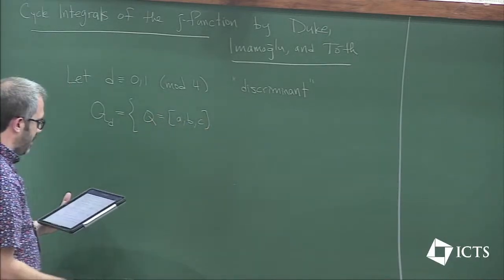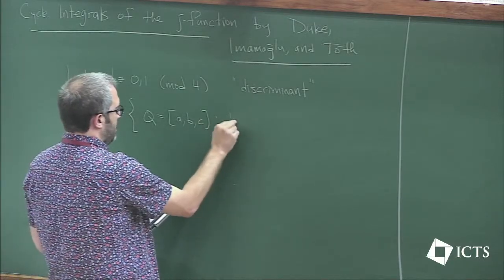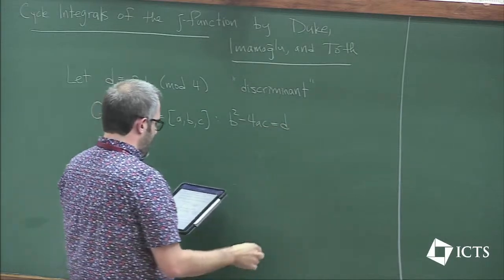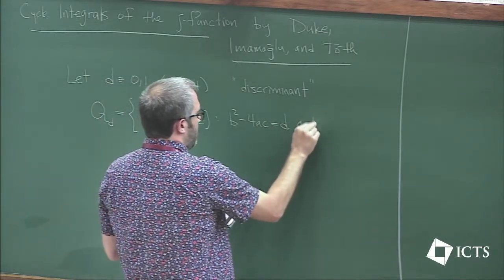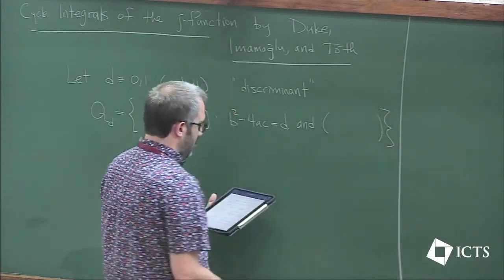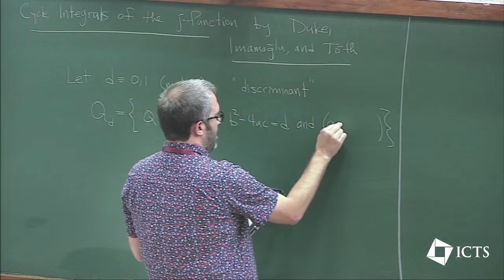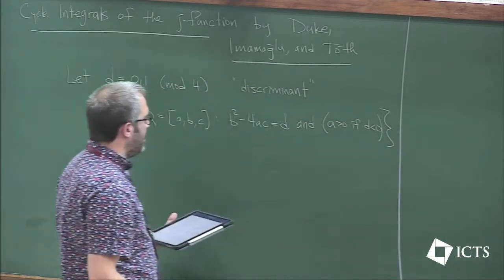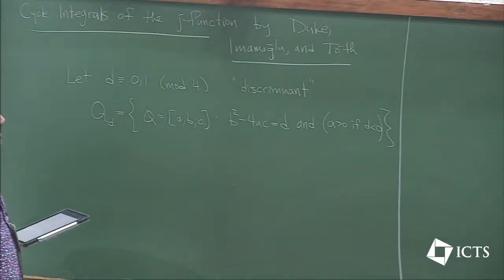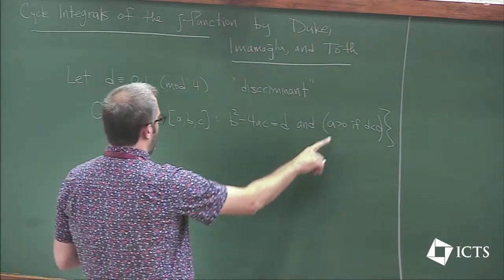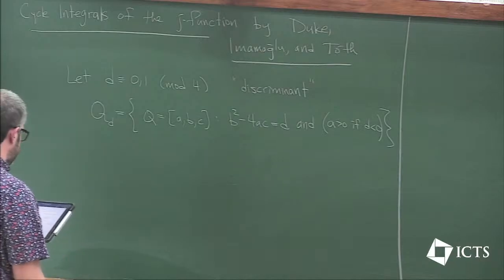So these are quadratic forms of discriminant d, so b squared minus 4ac is equal to d. And then I also want to assume, and this is an assumption that's sort of self-contained, so I'll put parentheses around it, a is greater than 0 if d is less than 0. So in the case that the binary quadratic form is definite, I want it to be positive definite, and I want a to be positive.